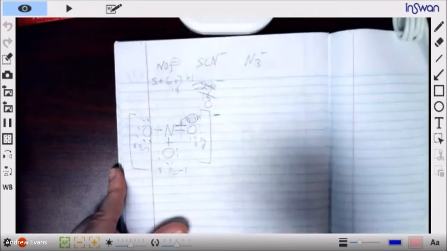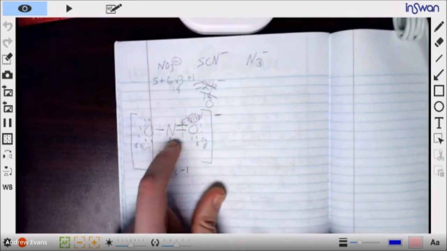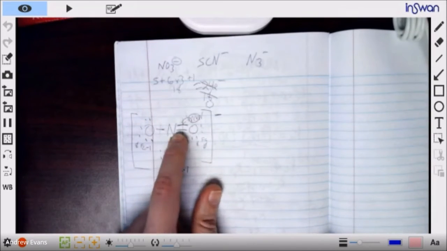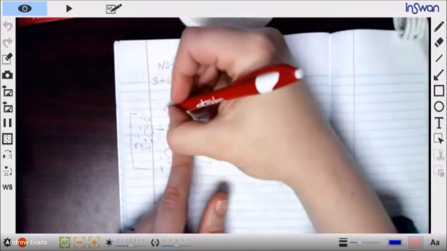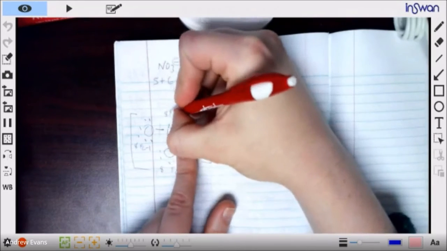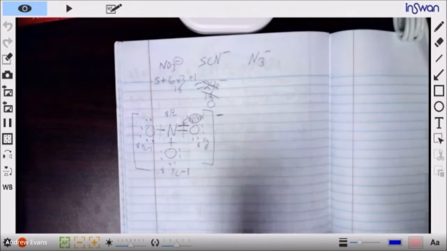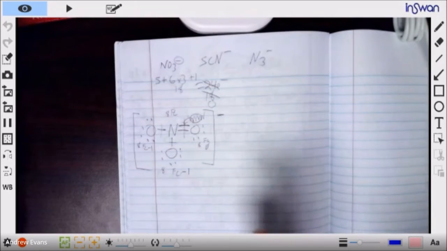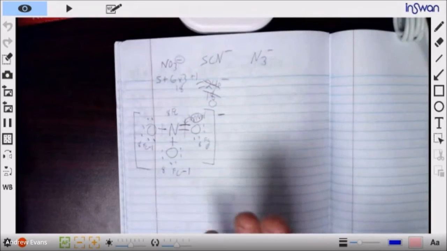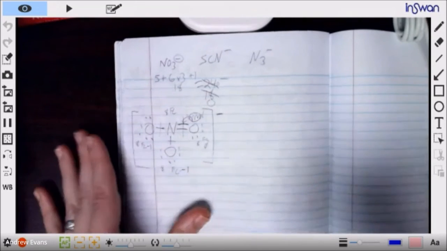Now let's look at the nitrogen. 1, 2, 3, 4. Nitrogen has an octet, but it has a formal charge. Since nitrogen is group 5 and it has 4 electrons coming directly from the nitrogen, it would have a formal charge of +1. 1 electron shy of what it should be, +1.